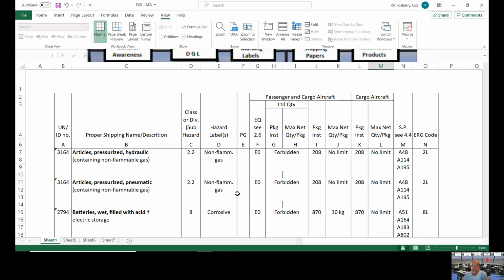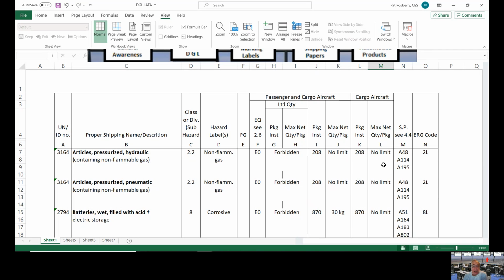I'm trying to see where else there is a difference. There actually is no difference. If you look at the 2 columns, they have the same class, label, accepted quantity, packing instructions, same limited quantity instructions, same special provisions.